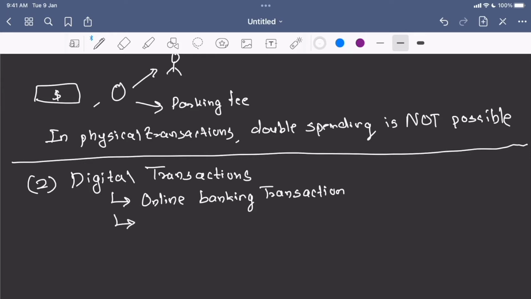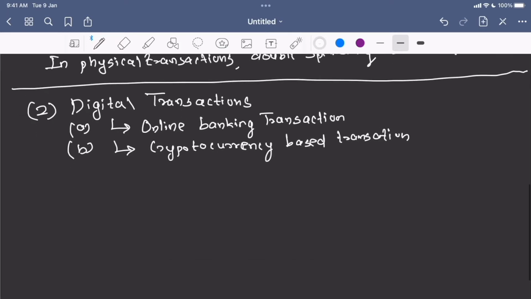Another one is the cryptocurrency based transaction. Let's call this A and B. So the A transaction is the legacy banking digital transaction, which we traditionally use to transfer money from one bank account to another. Legacy banking transactions.